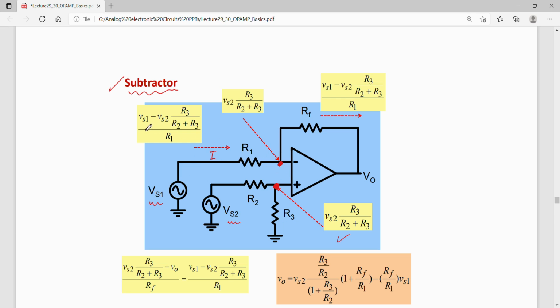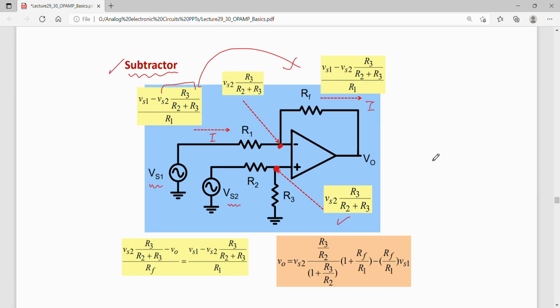Okay, Vs1 minus this node potential, which is this much, divided by R1. Okay, the same current now flows through RF also, that is this current I is also equal to the same value.